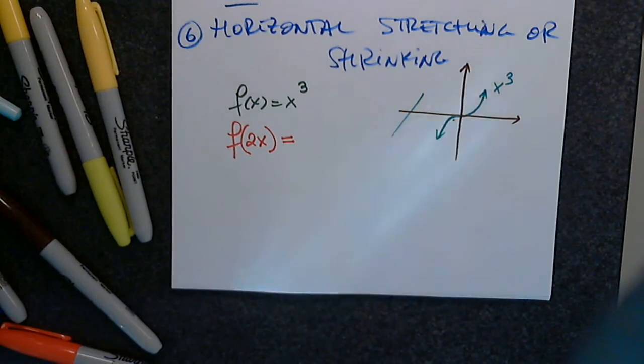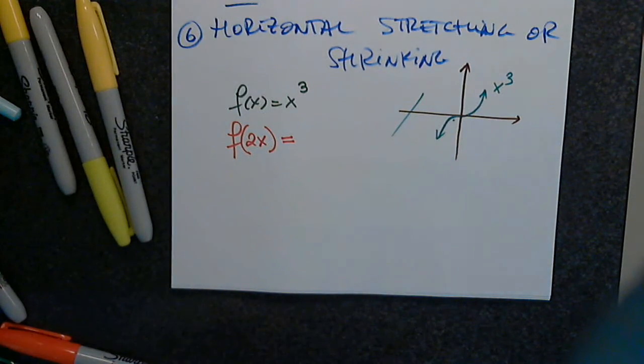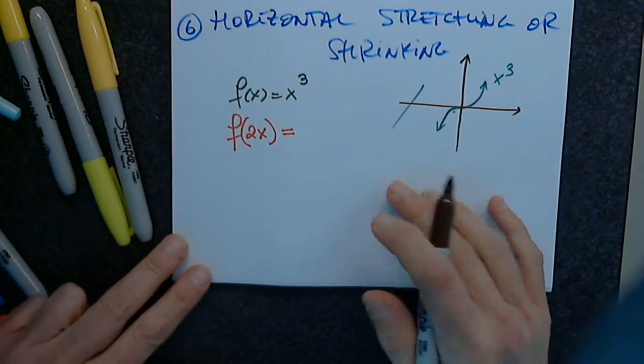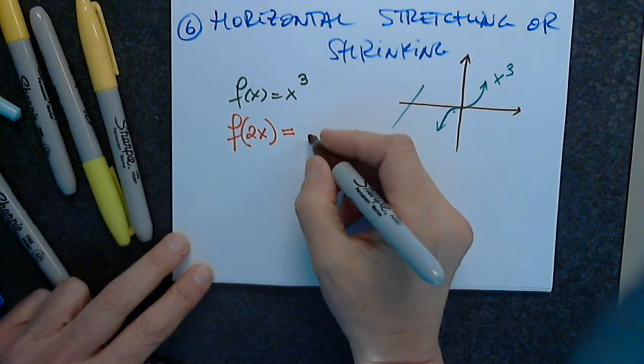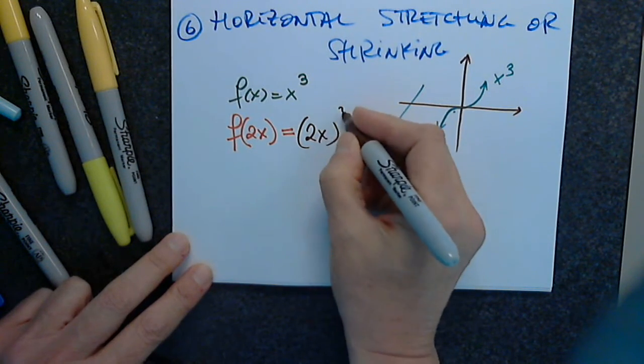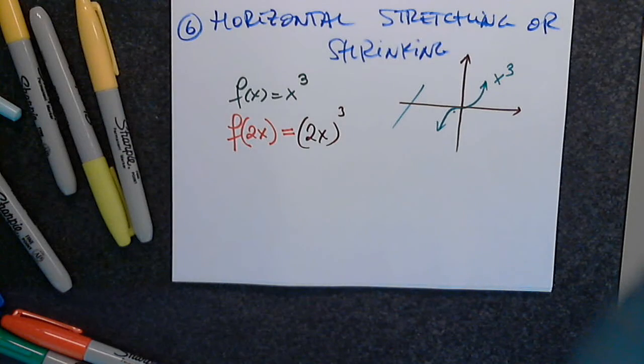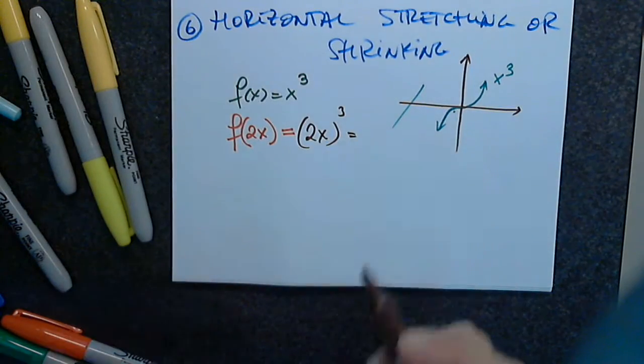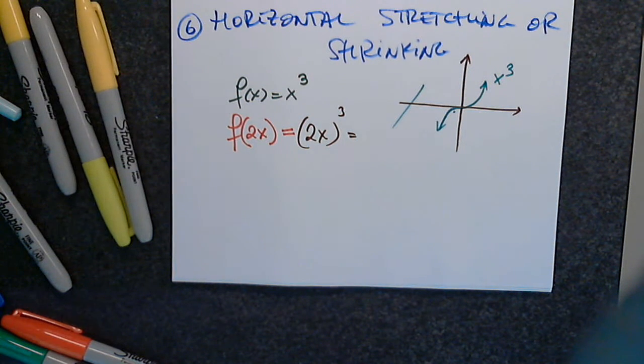Good. So now please tell me how do I get this function? What do I have to do? Very good. Indeed, 2x cubed. F of whatever is x cubed, so now it's whatever cubed. Good. So now, how do I simplify this? And let me caution you, this is not a sum. This is not a binomial. So don't say 3 terms.